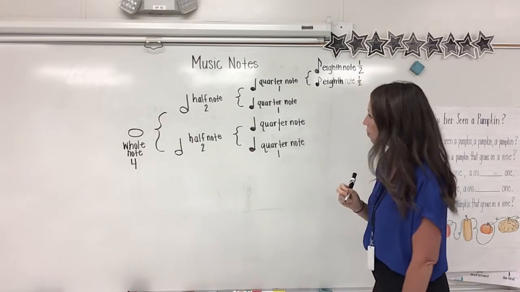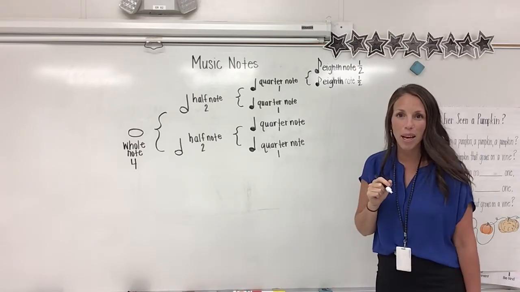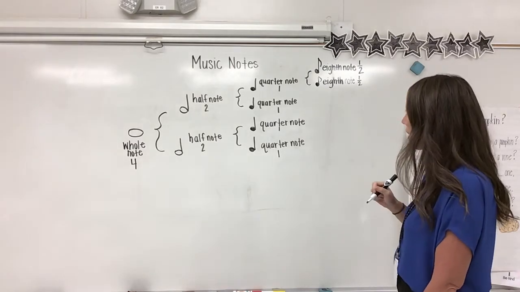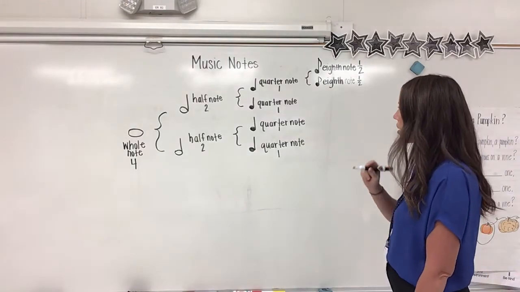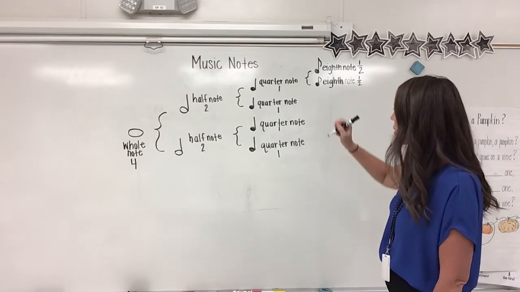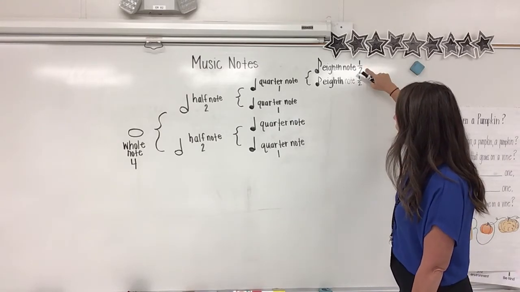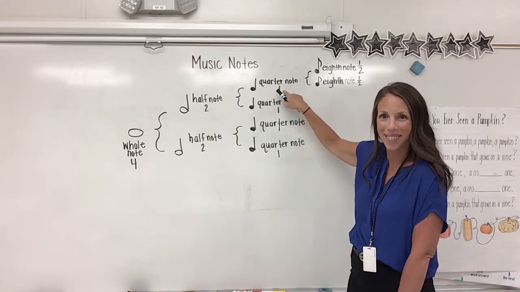Go ahead and take a moment to write all that in. Remember, you can always pause the video if you need a little extra time. So we can check this. 1/2 plus 1/2 equals 1 whole.